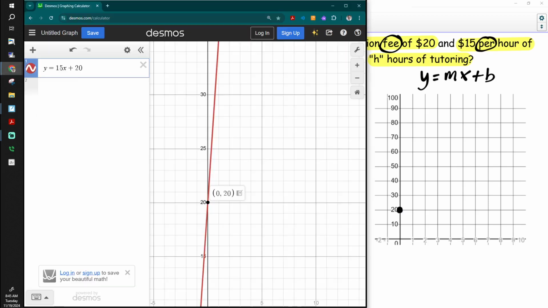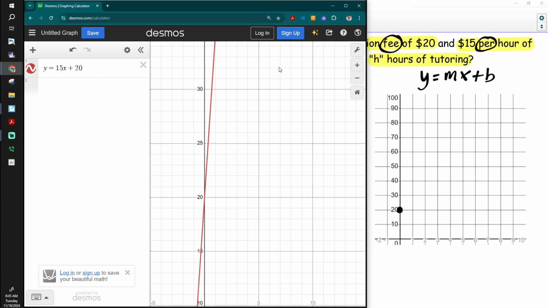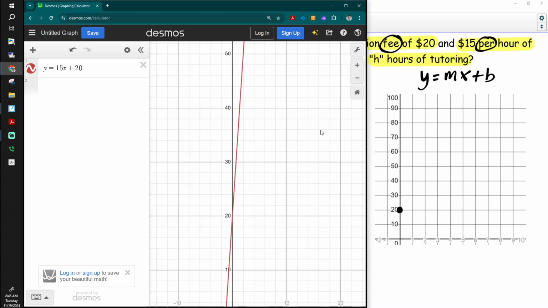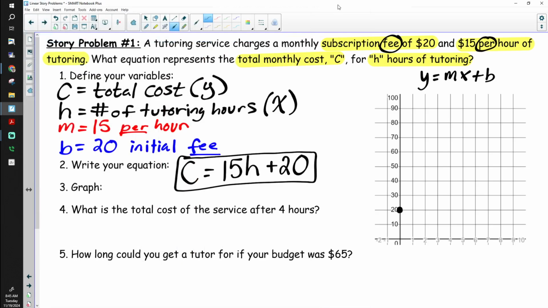In order to graph a line, I just need 2 pretty points. And again, the best way to do this is if you click on this and drag, it can help you find another point. So I'm going to just look for a nice point that crosses. So right here I see another pretty point. 2, 50. I'm going to graph the point 2, 50. Over 2, up to 50.